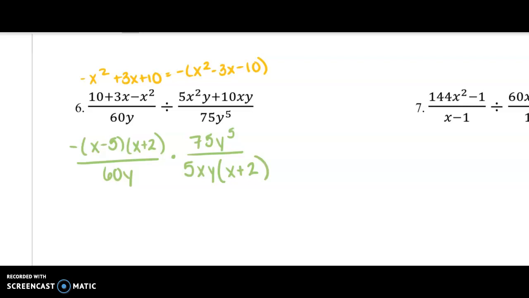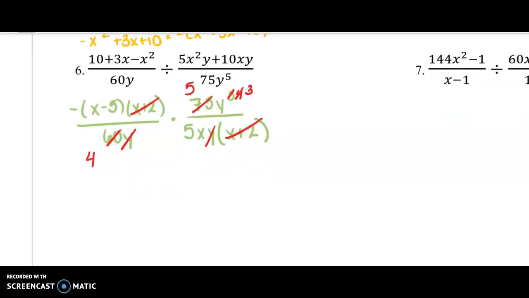The x plus 2's can cancel. I can take a 15 out of both of these. I'm going to have 5 and 4. This y will go away, and that would become y to the 4th.